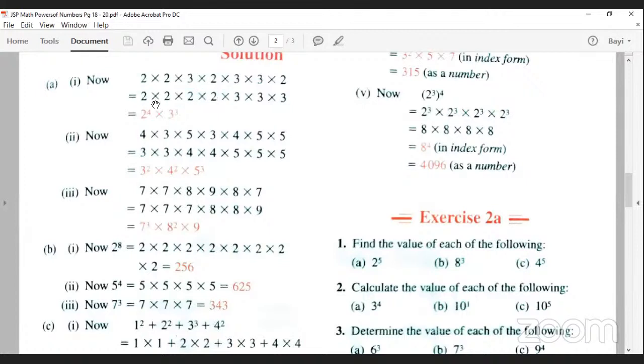And we just said we assume that they all have a power of 1. What we actually do is add together the powers that are present. So basically, we're going to add the 1 here for this 2.